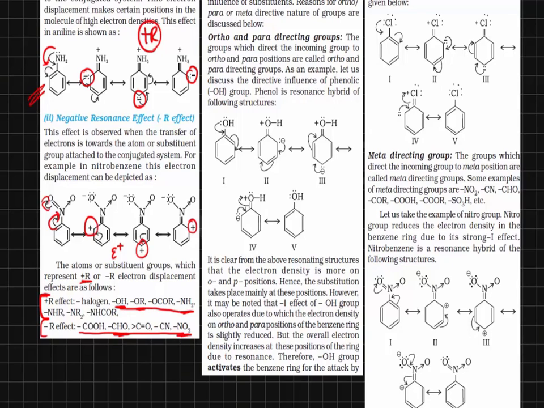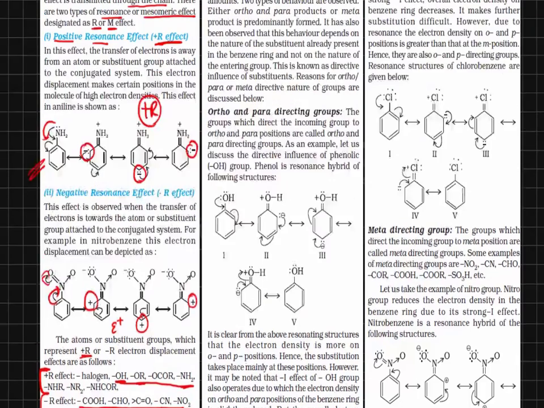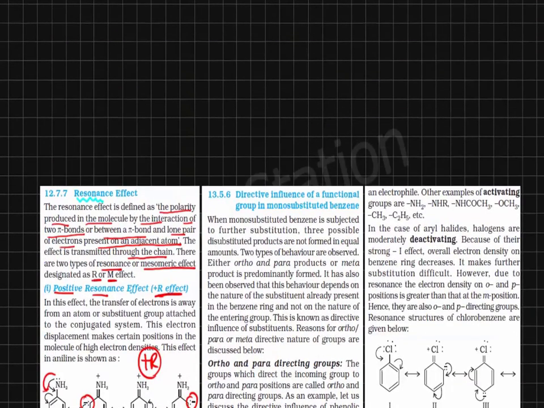One important thing I will just tell you: if you draw a benzene ring, the atom which is directly attached to the carbon, if it contains a lone pair of electrons, even one lone pair, it will definitely give electrons to the ring. That means, if the first atom which is touching the ring has a lone pair of electrons, it will give that.